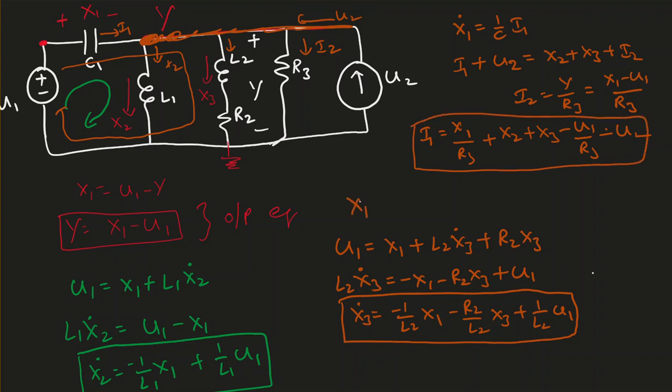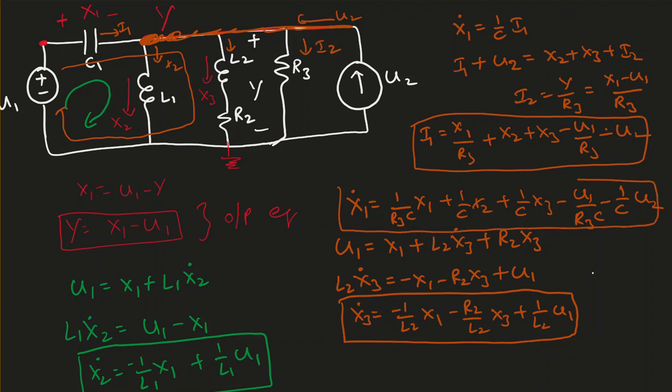So I'm going to substitute I1 in X1 dot. X1 dot equals 1 over C I1, right? So X1 dot equals 1 over R3C X1 plus 1 over C X2 plus 1 over C X3 minus U1 over R3C minus 1 over C U2. That's my X1 dot.